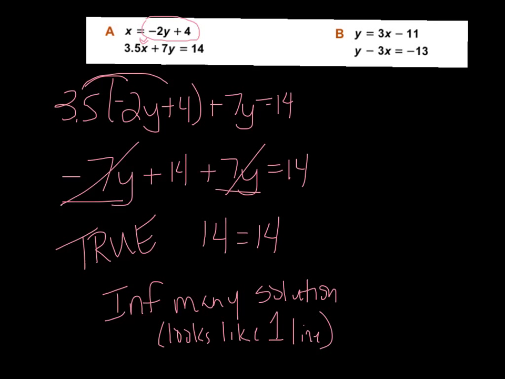All right, let's try the other one. So on this one, because it's y equals 3x minus 11, I'm going to plug that in for the y. So I have 3x minus 11 minus 3x equals negative 13. Combine like terms. 3x minus 3x is 0, so I have negative 11 equals negative 13.